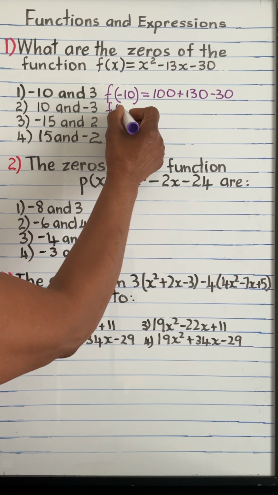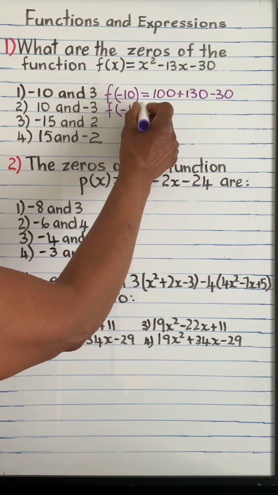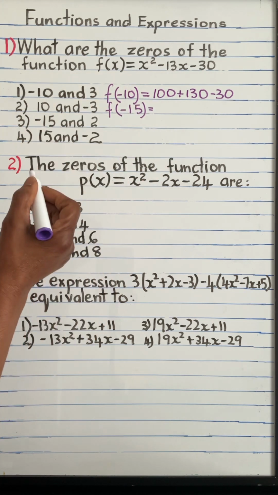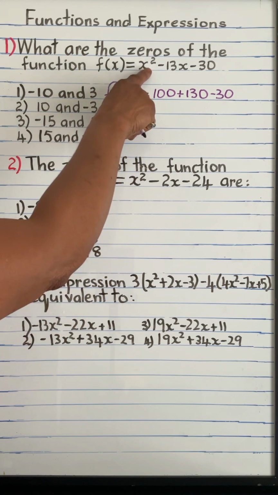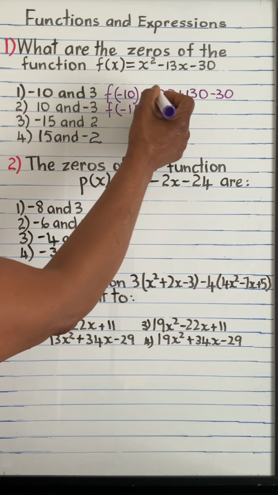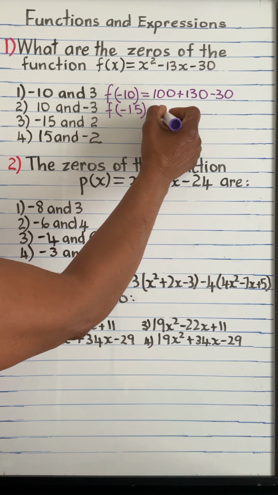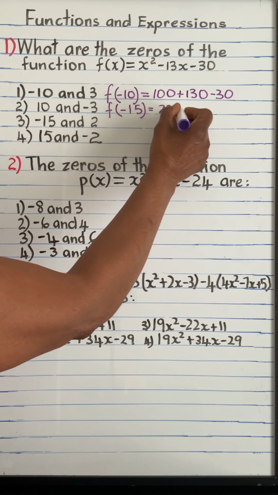But trial and error, let's do this one. f(-15) equals negative 15 squared is equal to positive 225.